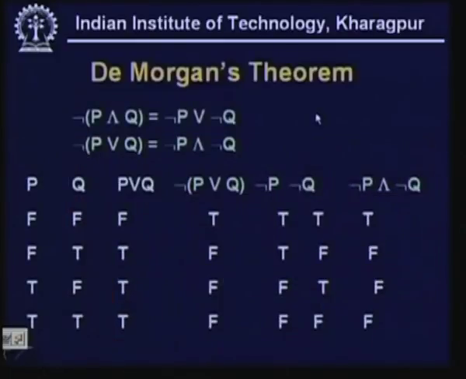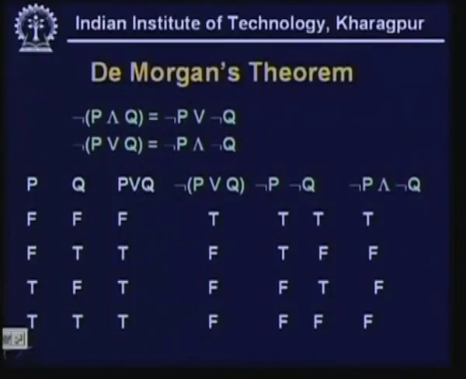Okay? So, now we come to another very important theorem, that is called De Morgan's theorem. De Morgan's theorem states that if I make a negation, say for example, P and Q is negated, then each of these propositions like P and Q will be individually negated and this operation will be complemented, its dual one will be taken.